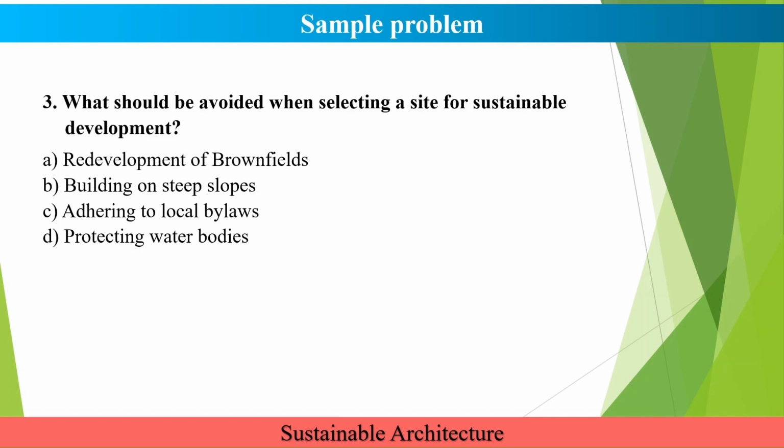What should be avoided when selecting a site for sustainable development? Answer B. Hima is saying answer A. Try to read each of the options correctly and choose the most appropriate option for the particular question.